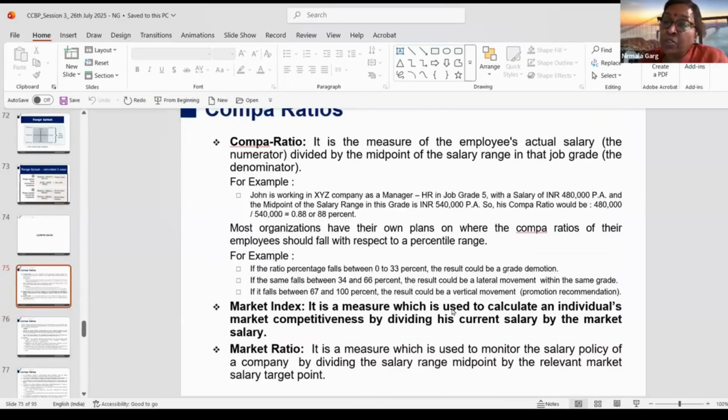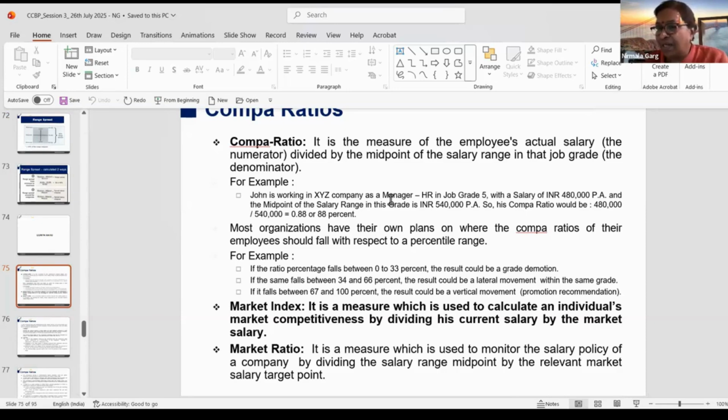Now you also have to understand that there are certain things. I'm sure everybody has heard about it. Compa ratio. Have you heard of compa ratio? Anybody? If anybody is in that, what is compa ratio? As the word suggests, it's a ratio. Ratio means you must have 2 data points. So what is it? It's a measure of what?